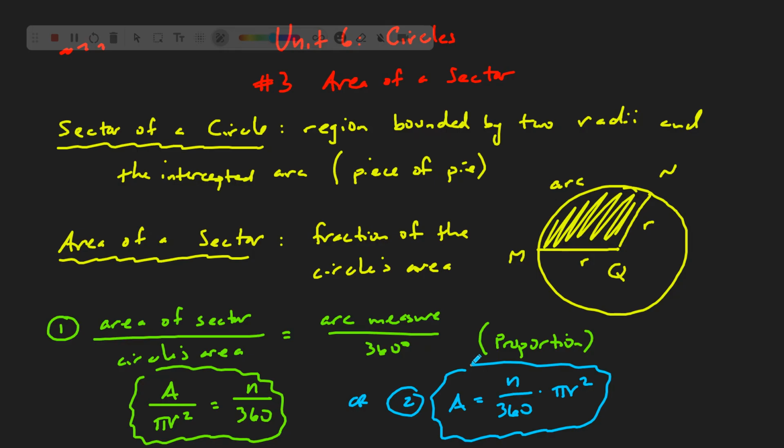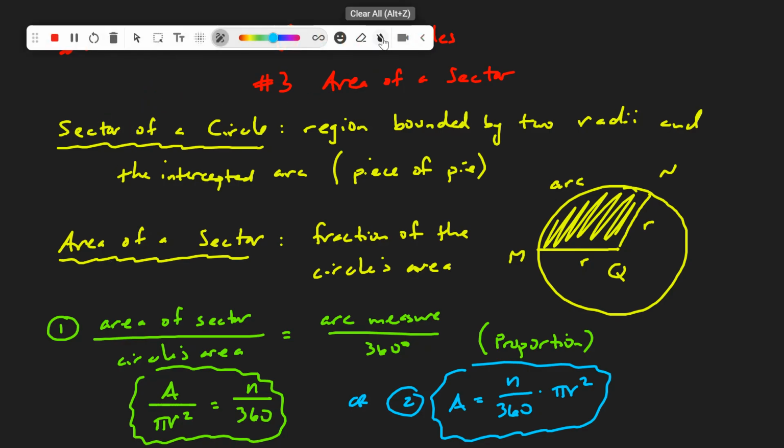Okay, so let's do two examples to get you set with these area of a sector problems. Okay. So the first example, we'll call it example 1. So we will find the area of sector FGH.